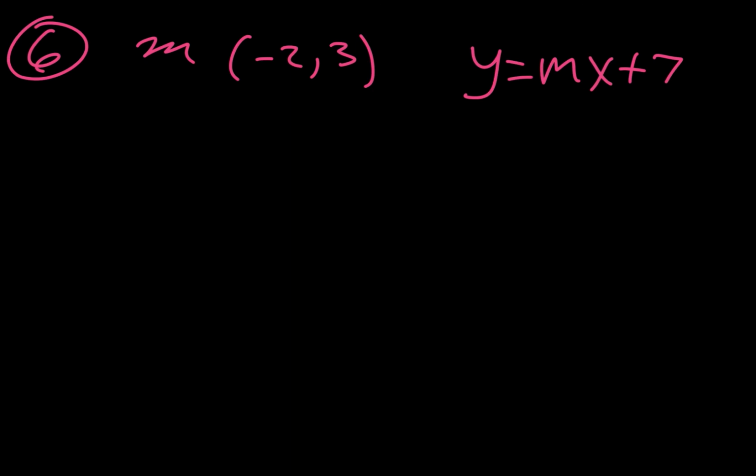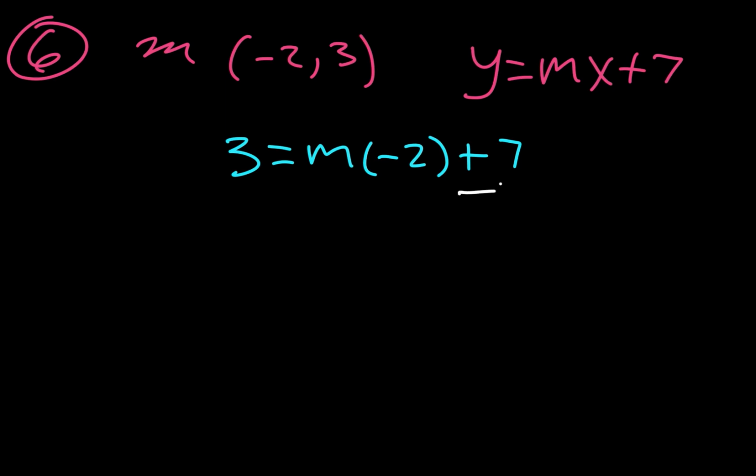So we're going to do this pretty similar to the last one we just did, but this time we have an unknown, so there's going to be some more algebra. So what we want to do is we're going to plug it in. So we're going to end up with 3 equals m times -2 plus 7. And then we just want to solve for m.